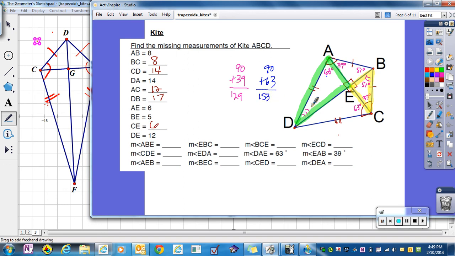So to figure out this leftover piece, I'm going to do 180 minus 153, which is going to give me 27. Well, again, this green triangle that I just highlighted, triangle ECD, has a right angle and a 63-degree angle, so that means that this guy is also going to be 27 degrees. So now that I have all of my angle measurements, I can come in here and fill it all in.